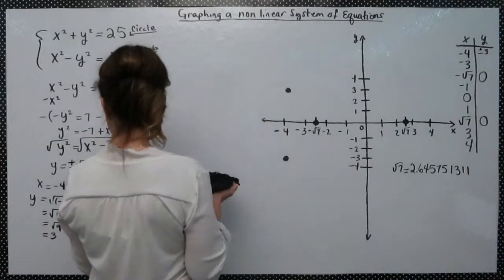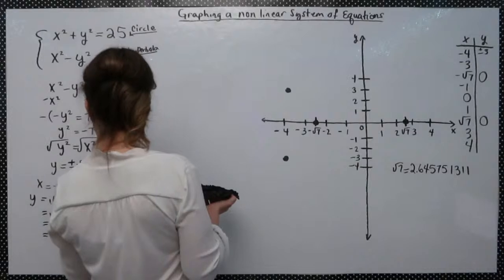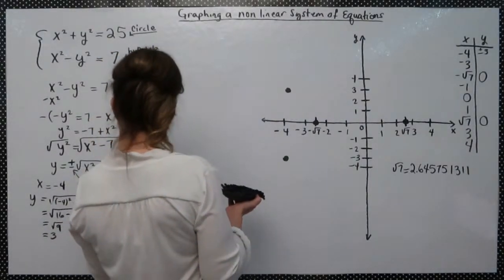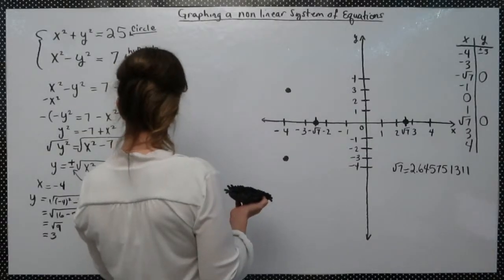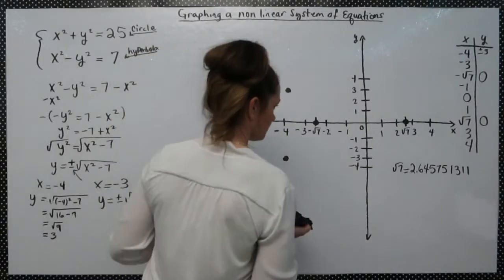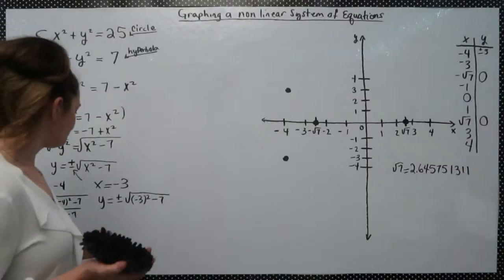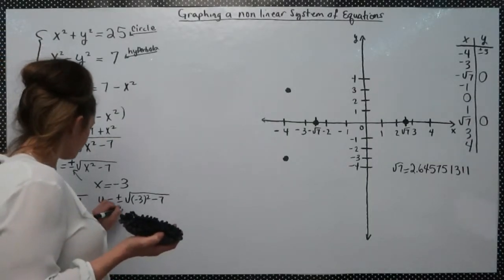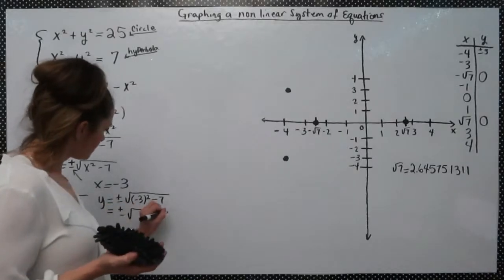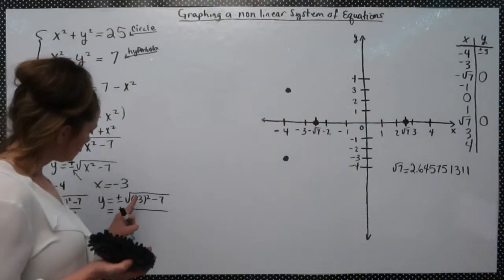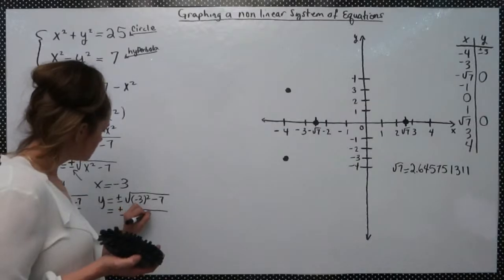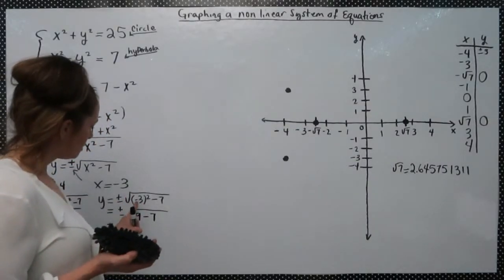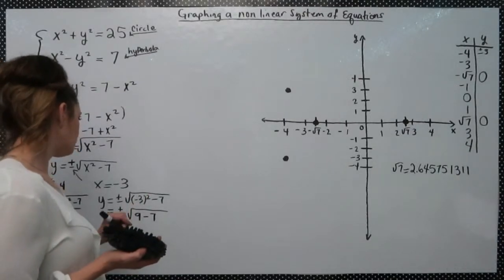So x equals -3. y equals plus or minus the square root of -3 squared minus 7. So that is going to be 9 minus 7. The square of a negative is a positive.